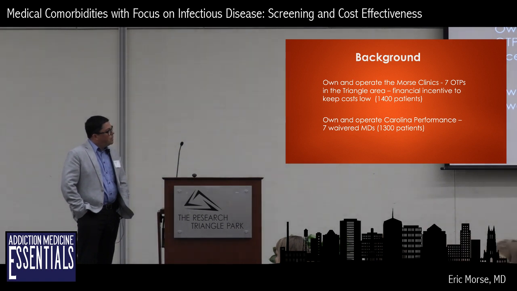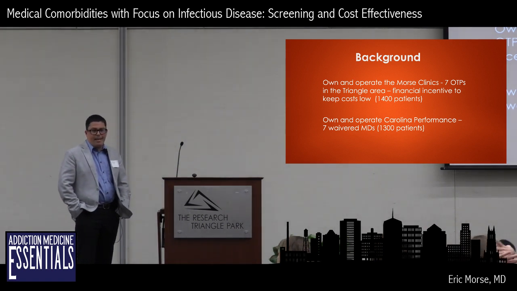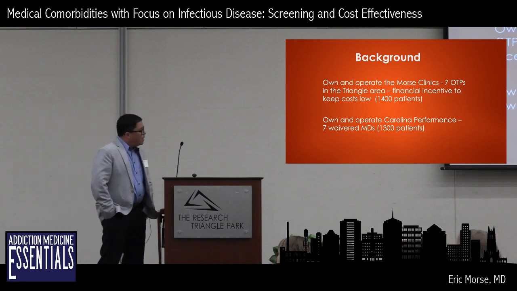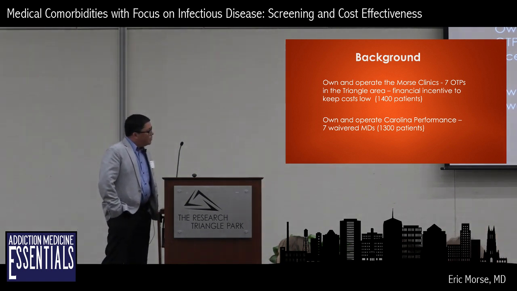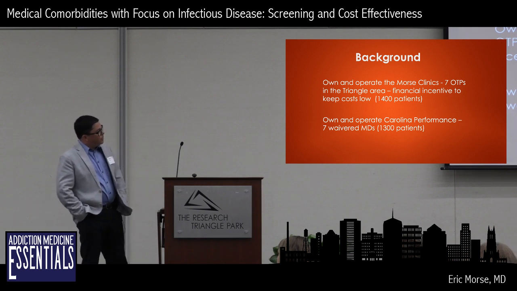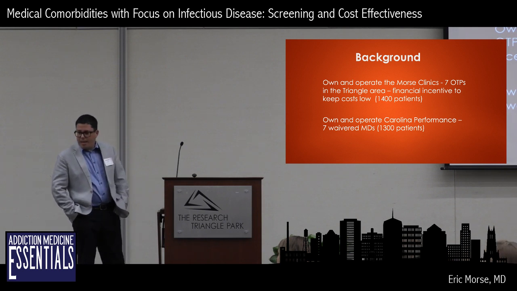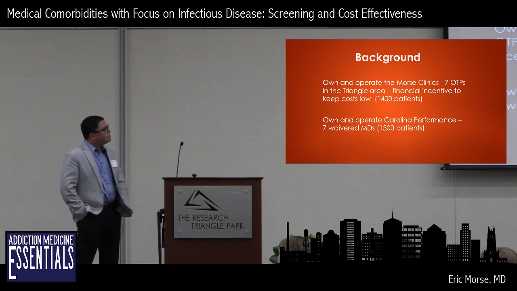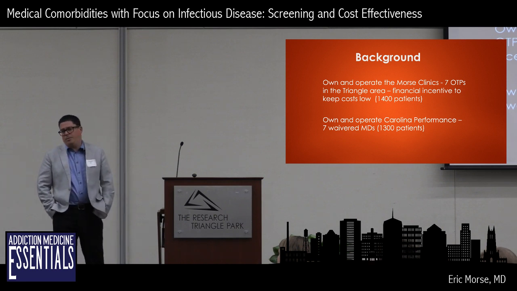And so I'm trying to be as cost effective as I can be. And then I also own and operate Carolina Performance, where we have 7 waivered MDs. Probably I asked everybody how much they've got, and so we're treating about 1,300 folks with opioid use disorder right now. So that's a good amount of people.